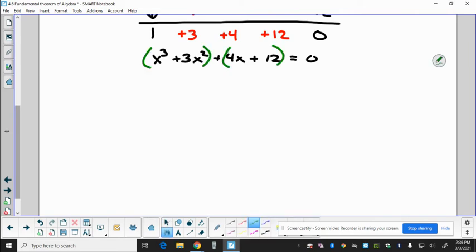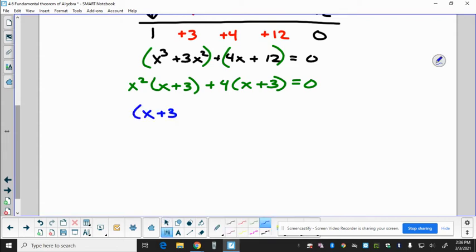Let's go ahead and try it. Let's factor out an x squared. And now let's factor out a 4. Yeah, this is definitely going to work. Let's regroup it. There's the common factor of x plus 3, and then x squared plus 4 is left over.